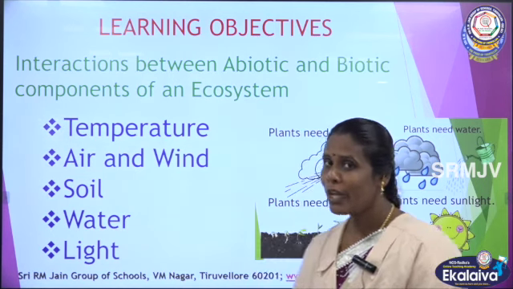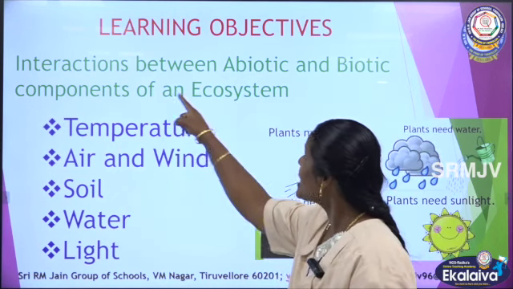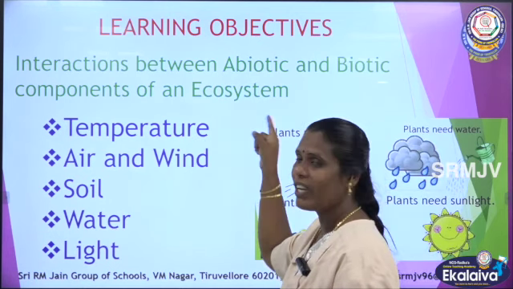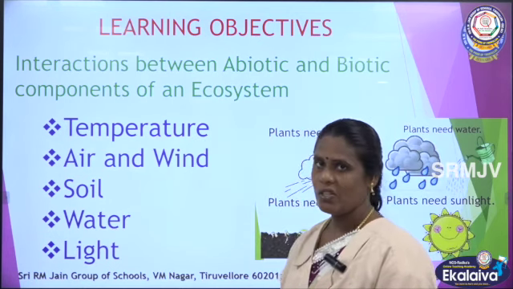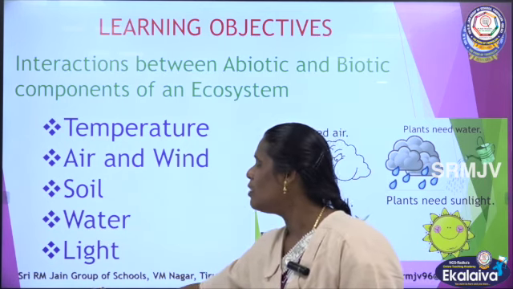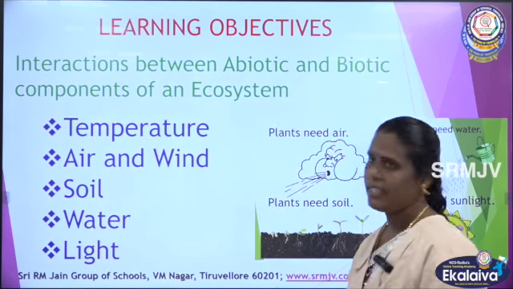Today we are going to discuss interactions between abiotic and biotic components of an ecosystem such as temperature, air and water, soil, water and light.